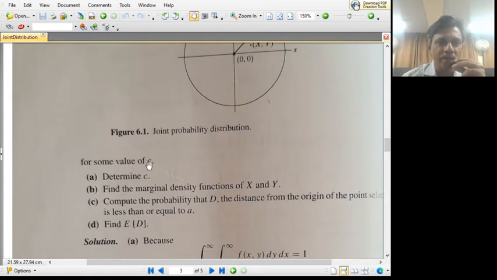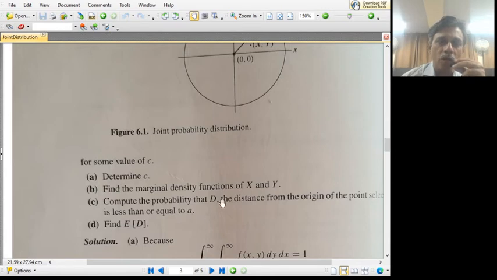We are first interested in finding the value of c. Then we are interested in finding the marginal density functions of the random variables x and y. Then we define a new random variable d, which is the distance of that randomly picked point from the origin. So this random variable will be a function of both x and y.